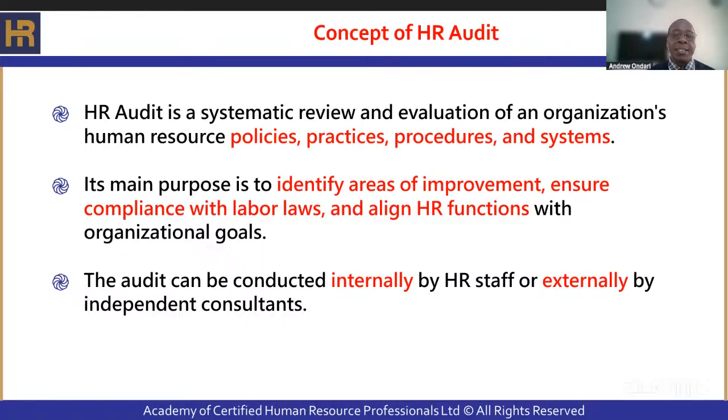And when you have excess staff, it means that the cost of HR is going to be higher. And that cannot be in line with the cost reduction strategy. So we can only implement cost reduction strategies when we audit all our functions, starting with training and development.